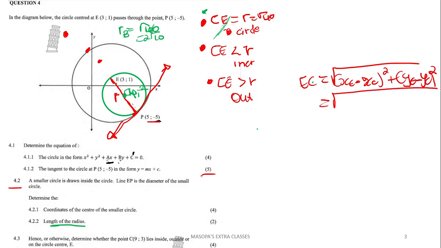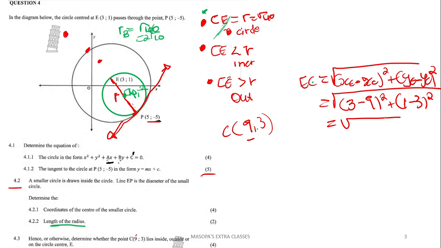What is the x value of the center? It is 3 minus the x value of C, which is 9, all squared, plus the y coordinate of E, which is 1, minus the y coordinate of C, 3, all squared.